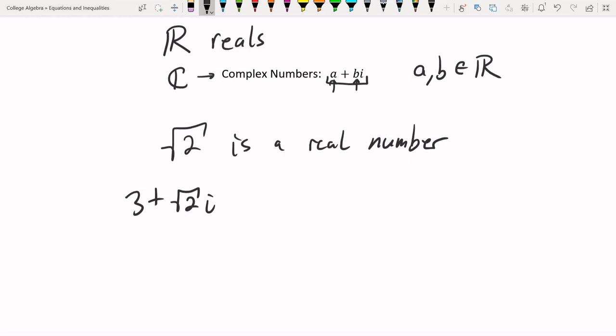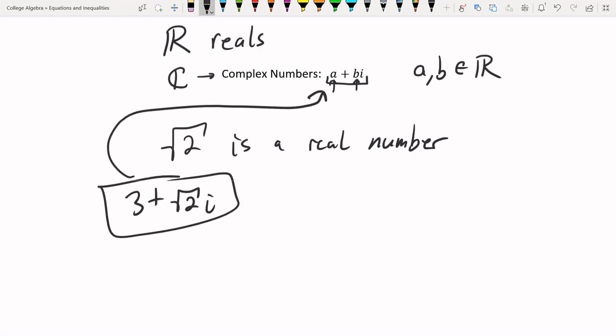We write it as 3 plus i root 2, just to save confusion in case you might be saying, well, is the i inside the radical or not? If we write the i in front of it, then you cannot confuse that. It's definitely not within the radical.